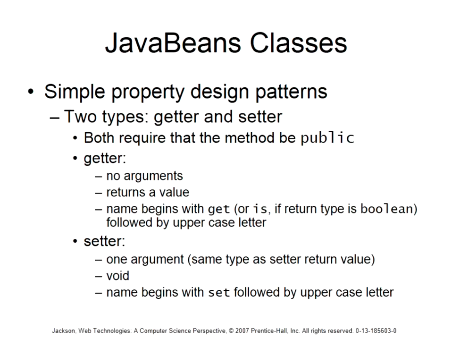Simple property design patterns. When we write a JavaBean, we can add getter and setter methods. There are two types of methods, getter and setter. Both require that the method be public. This is very important.